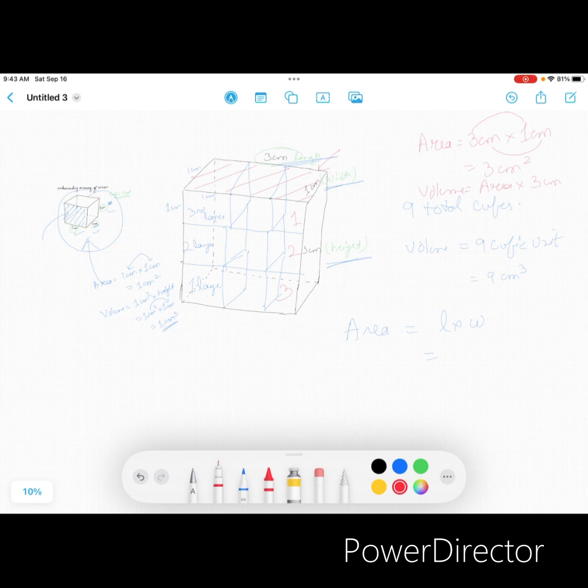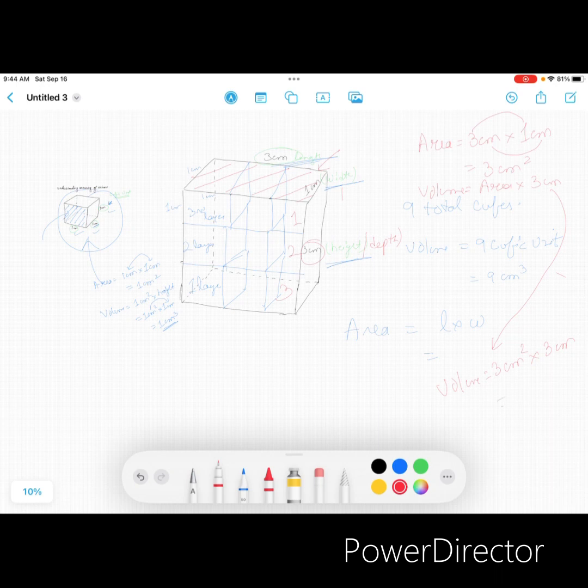Now you might say, how is this height? So sometimes based on how you are looking at a figure, we can also say height or else depth. Height is vertically up, depth is vertically down. In this case, it's vertically down, so we can say depth. So volume would be area of the square, which is 3 centimeters square, multiplied by depth, which is 3 centimeter.